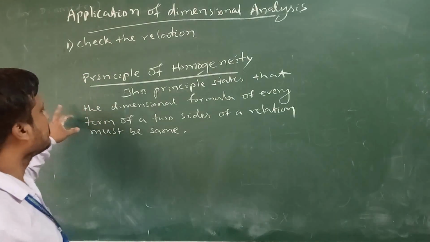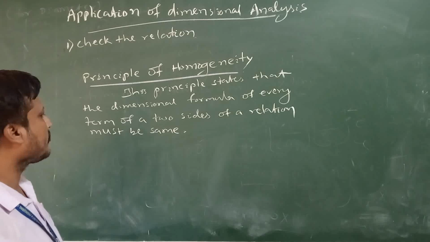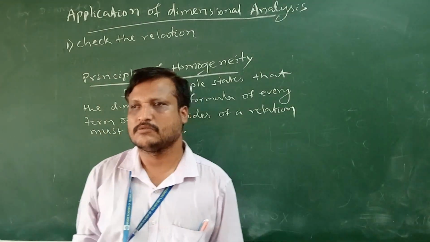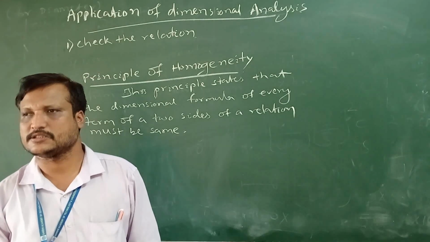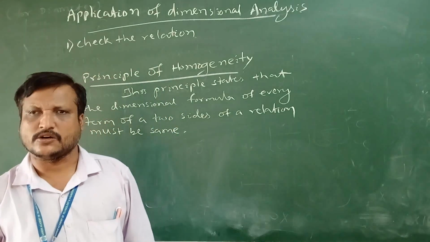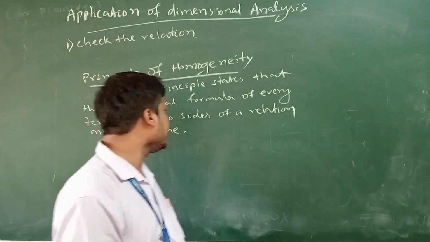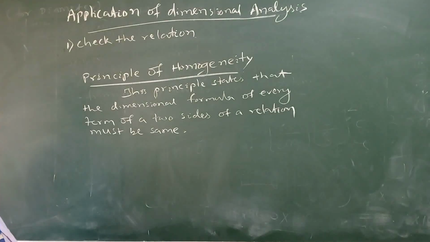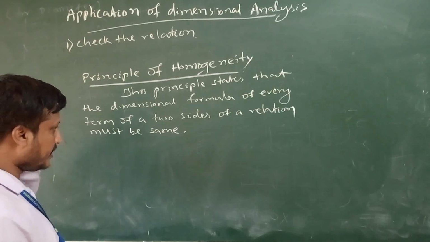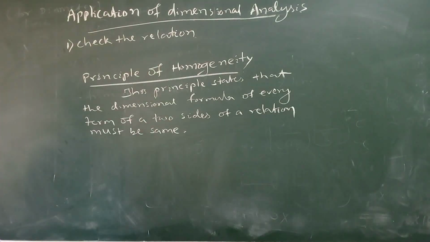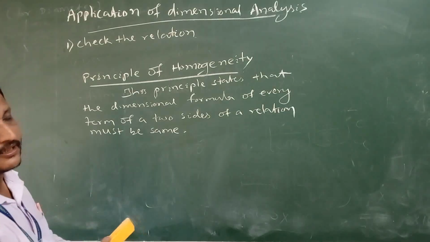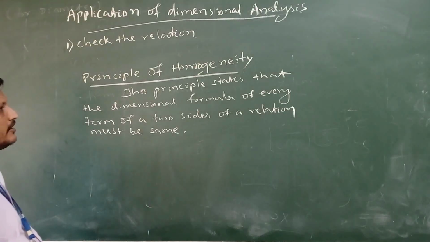The principle states that the dimensional formula of every term of the two sides of a relation must be same. We know in a relation there are two sides, one is left hand side and another is right hand side. In LHS or RHS, both the sides, a number of terms are there. If the dimensional formula of two sides of a relation is same, then the relation is correct, otherwise it is incorrect.